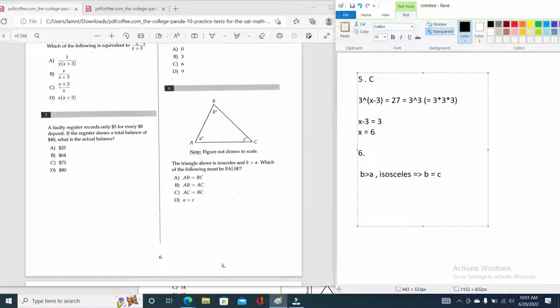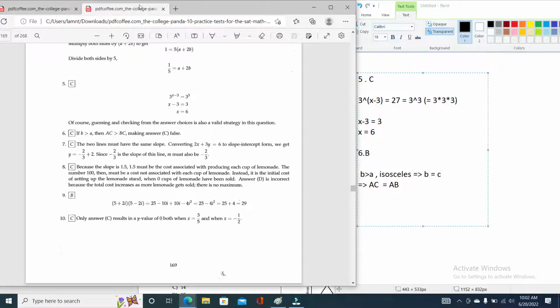So B equals C. So it's isosceles at A, right? So with B equal to C, we know that the two opposite sides also have to be equal, right? So AC equals AB, right? So I think the answer is going to be B.